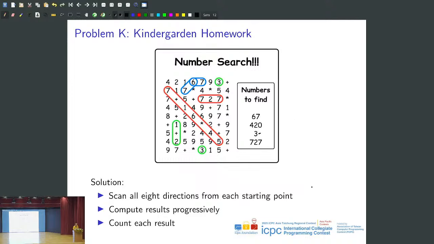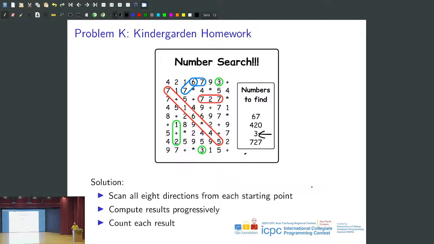For example, here we have 3. And now the task is, hey, where can I find the 3? And the 3 can be found here in 3 different places. So twice, the 3 is just a 3. And once, you can find it as 1 plus 2.